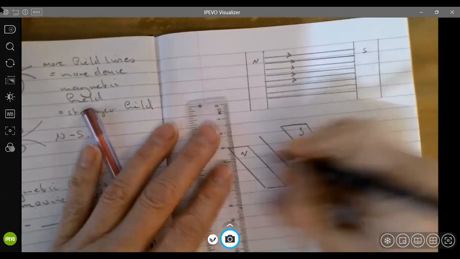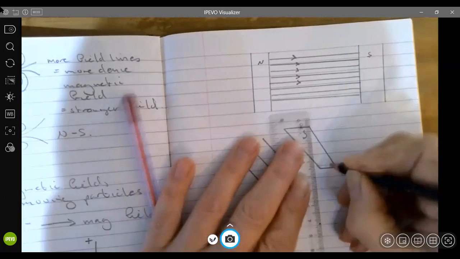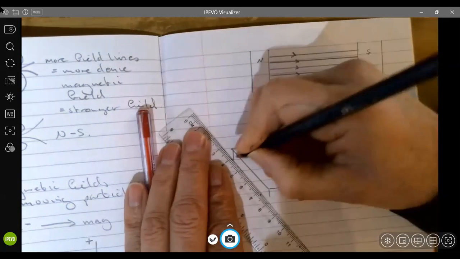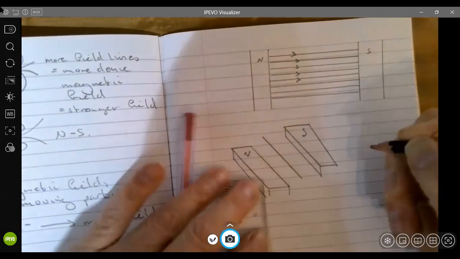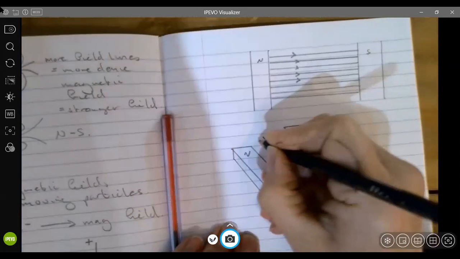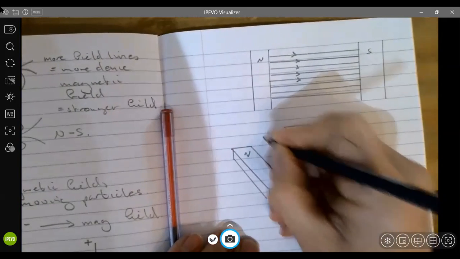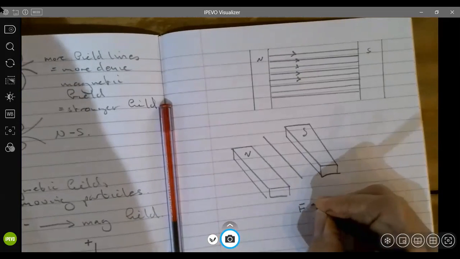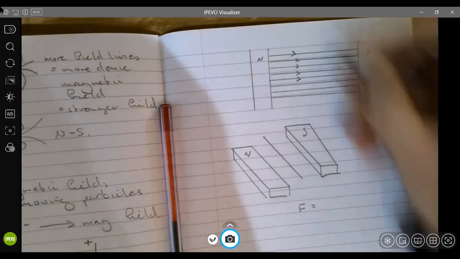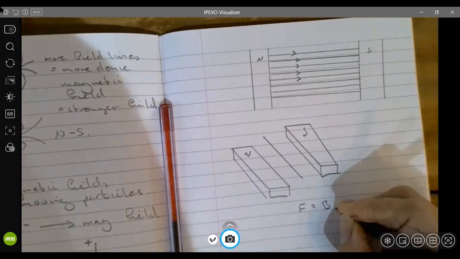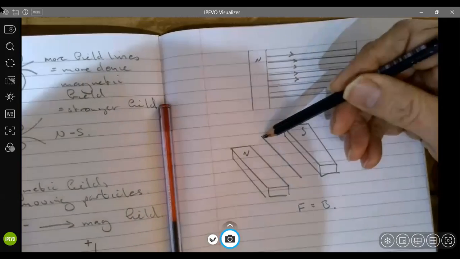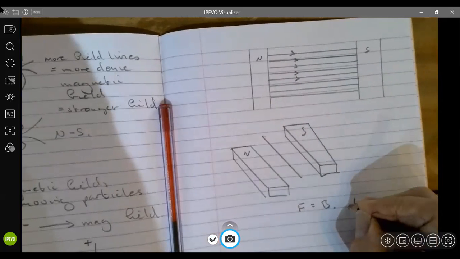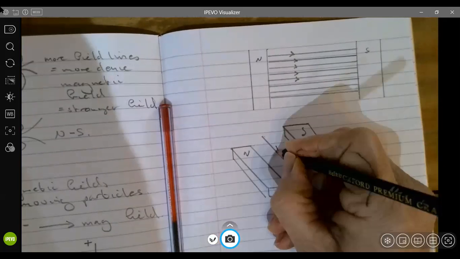Now, the actual length of the wire in the magnetic field will also determine the force. The force is determined by the strength of this magnetic field, and it's also proportional to the length of the wire in the magnetic field, and the amount of current flowing through there.